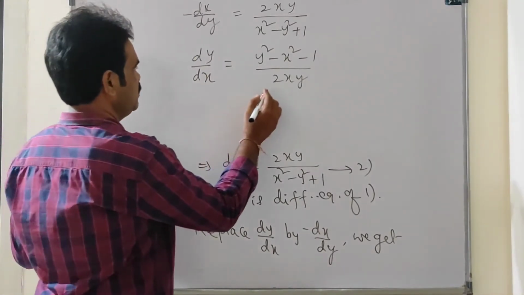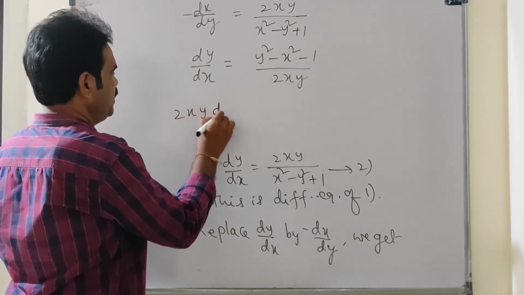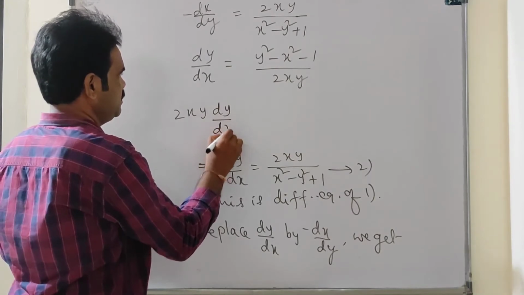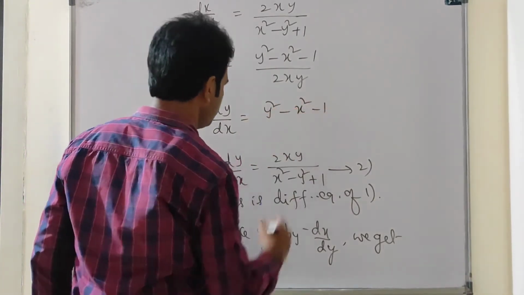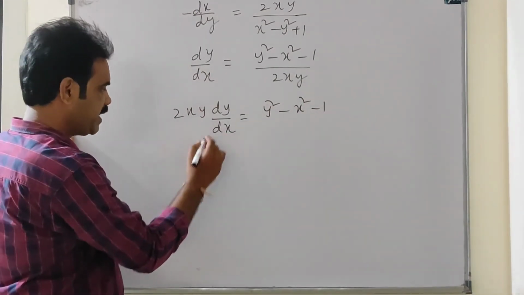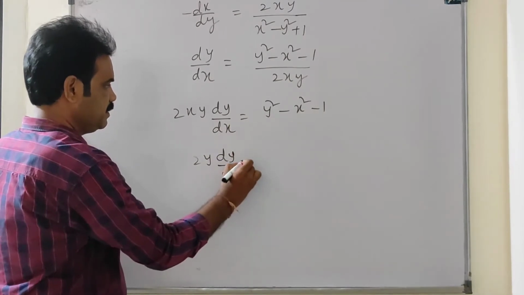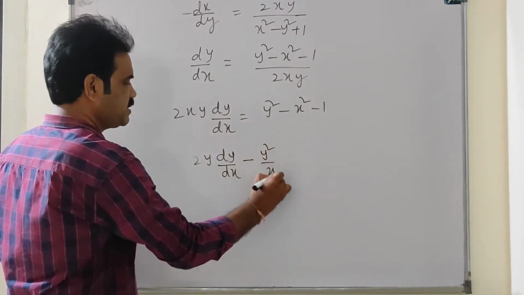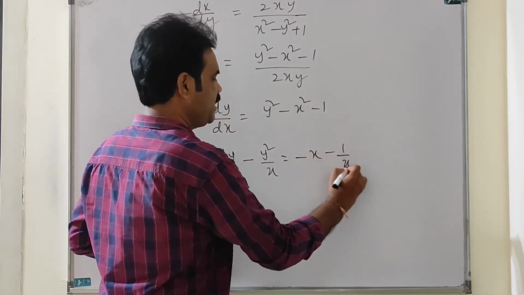Now this can be written as 2xy dy by dx is equal to y square minus x square minus 1. Now dividing both sides by x, we get 2y dy by dx minus y square by x is equal to minus x minus 1 by x.